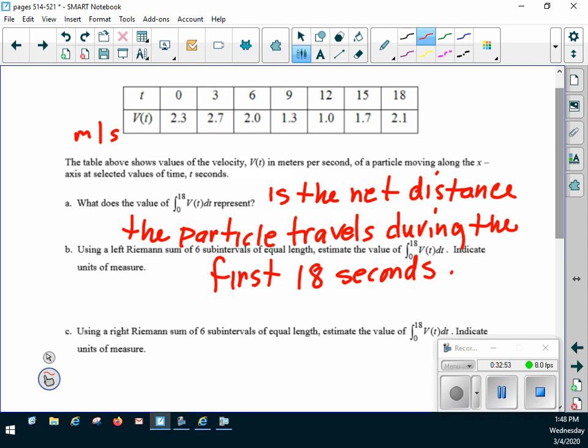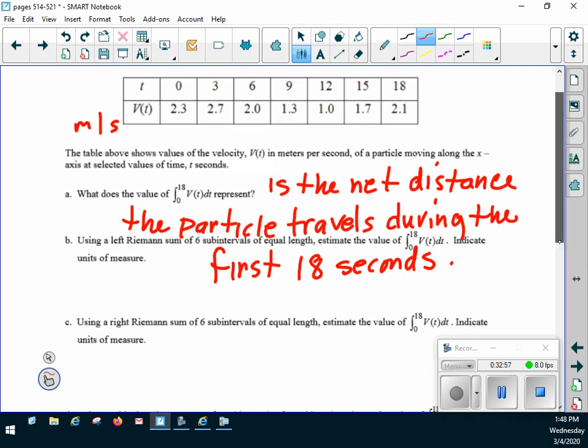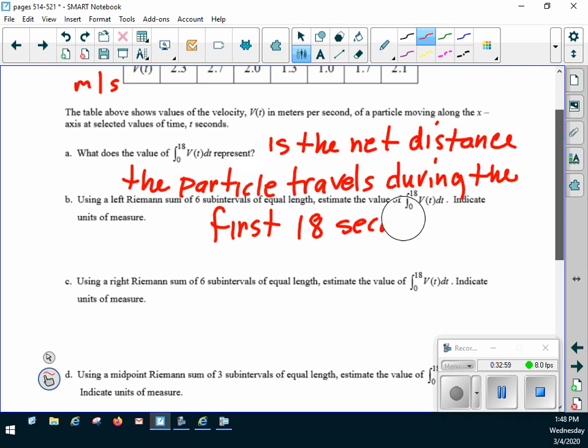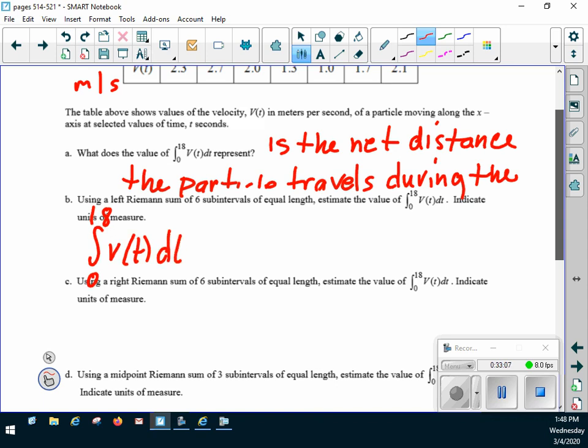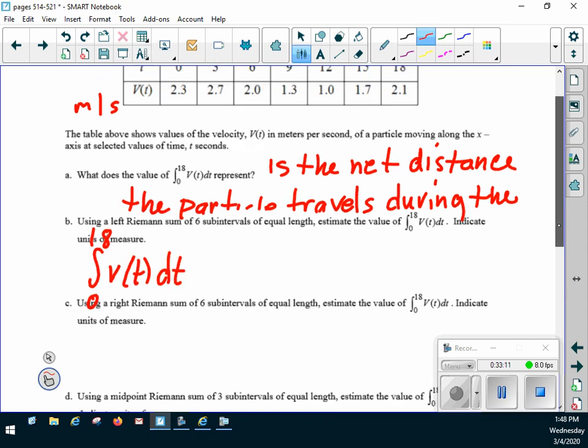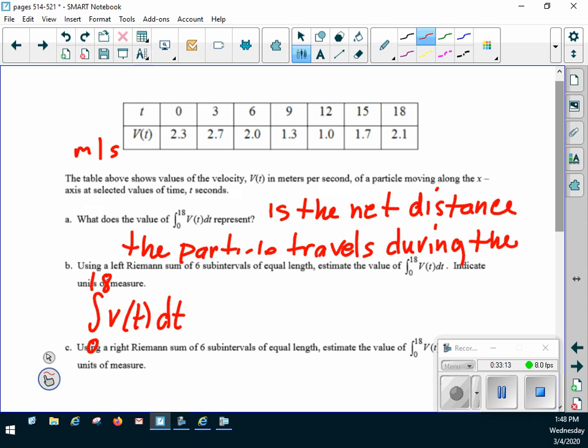Look at part B. Use a left Riemann sum of 6 subintervals of equal length and estimate the value of the integral from 0 to 18 of v of t dt. Left Riemann sum, 6 subintervals of equal length. 1, 2, 3, 4, 5, 6.